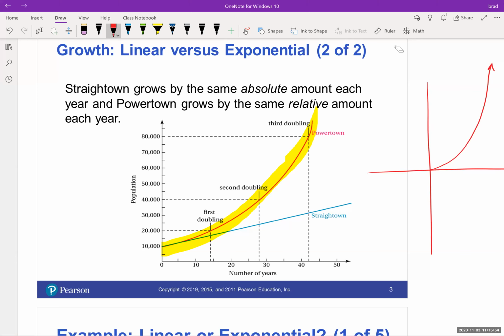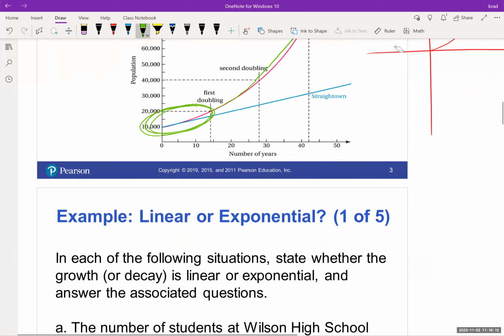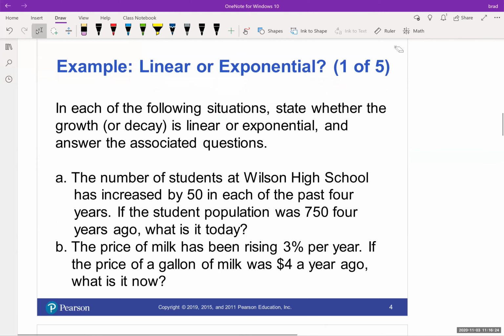It starts off, if you notice in this location right here, with both being kind of similar, and then all of a sudden it starts getting out of hand as we go up here. So that's the big difference between linear growth or linear decay versus exponential growth or exponential decay: not the beginning, but the ending. With decay, I think it levels out at the end, and decays rapidly at first, but that's something we'll talk about as we get to it.